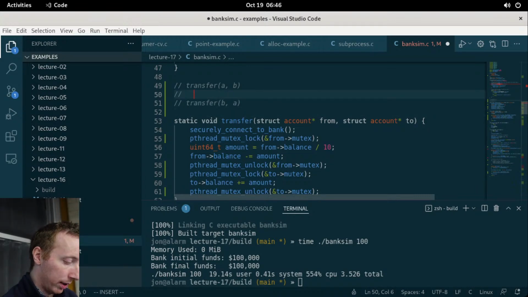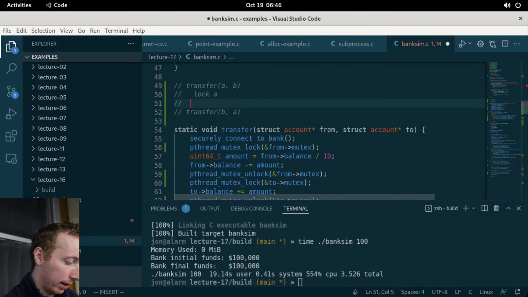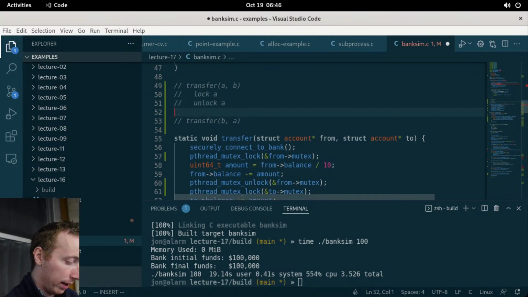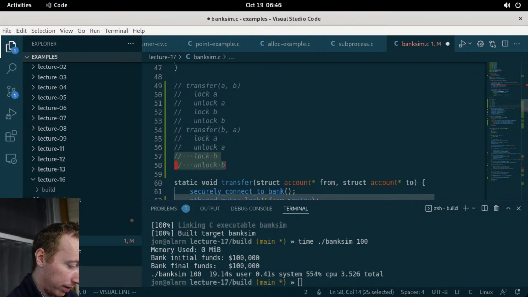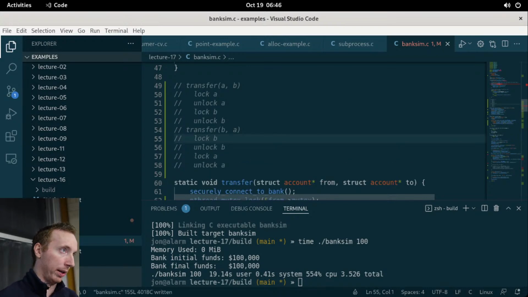So here we're going to have a lock A and then unlock A and then a lock B and unlock B. And in the other case, we're essentially just going to have lock B, lock A, unlock A. So is there a deadlock between these two?